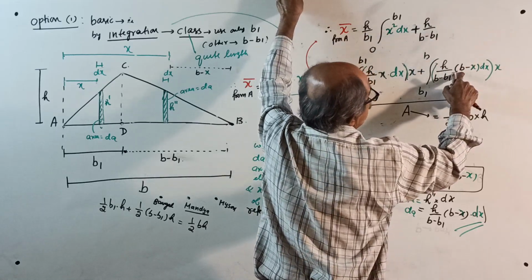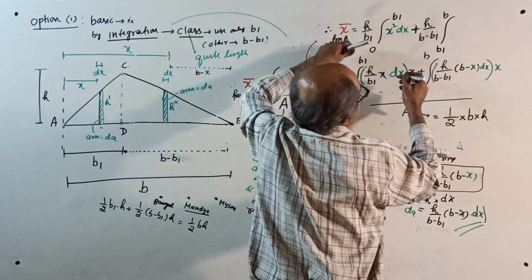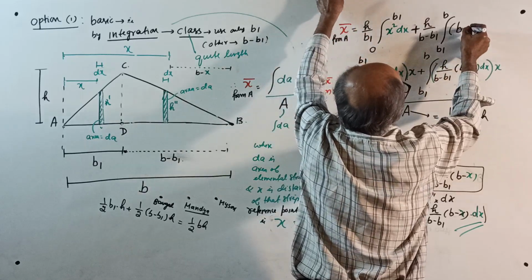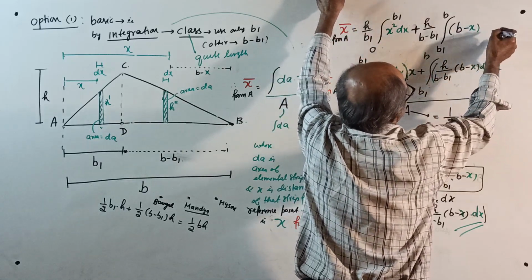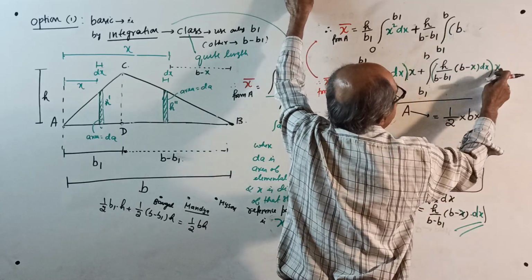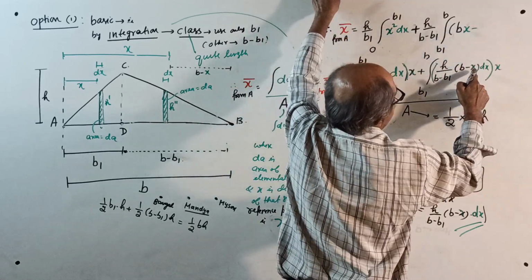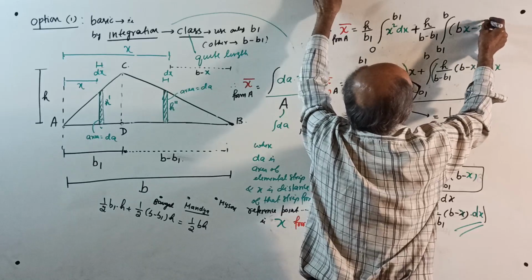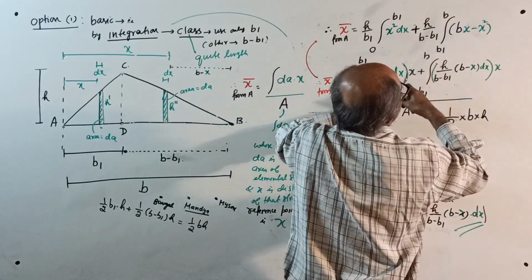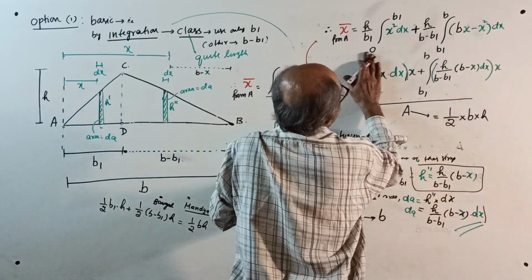This side you can't take outside, integration B1 to B of bracket B minus x, times x is there. Oh, see here, B into x, I forgot. Okay, B into x minus x square dx.